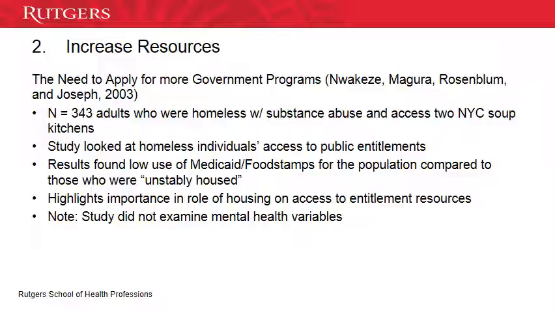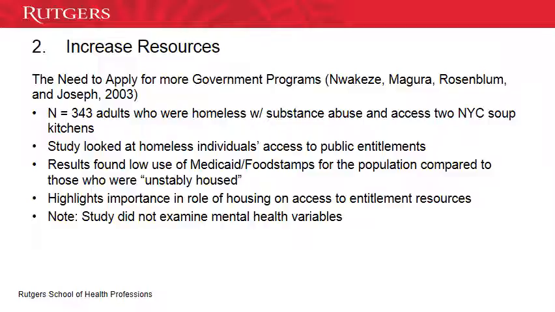The final article I'm going to look at before I turn this over to Kristen is related to increasing resources in the community. So again, relating back to the 4 components from the Susser article, the first one really related to making sure that discharge is well planned. The second one is increasing the resources for this population.